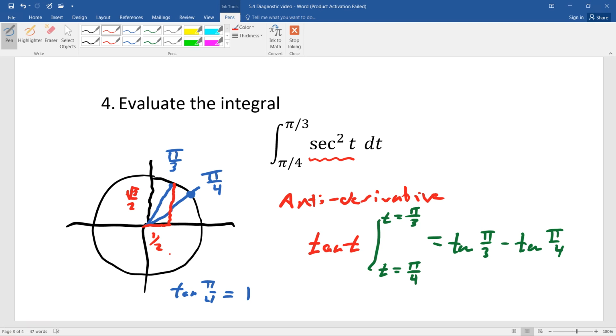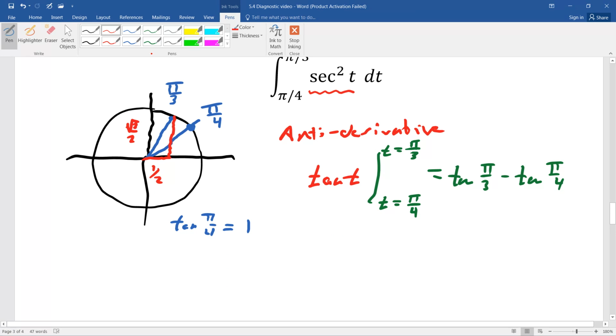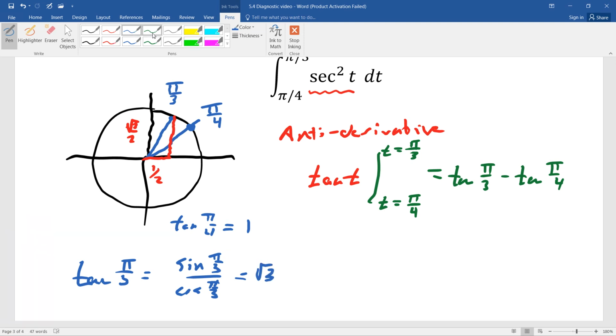The x-coordinate is the cosine. The y-coordinate, the square root of 3 over 2, is the sine. So the tangent of pi over 3, thinking it through without a calculator, is the sine of pi over 3 over the cosine of pi over 3. That's the square root of 3 over 2 over 1/2. The 2's cancel. That's the square root of 3. So our final answer here is the square root of 3 minus 1.